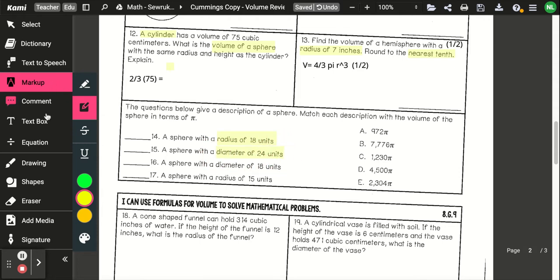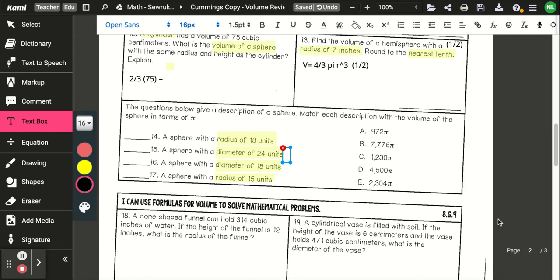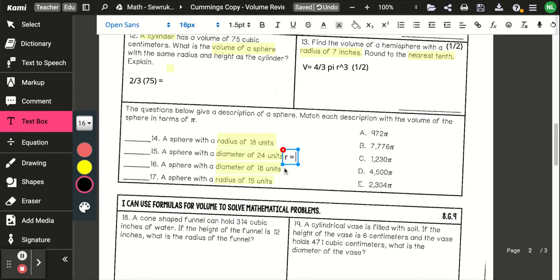This one's giving you a diameter too, and this one's giving you a radius. For these two, you need to say what the radius equals so you can plug it into the formula. And same thing for this one down here. So in order to do 15 and 16, you first have to find the radius in order to solve those. And then you just have to match it.